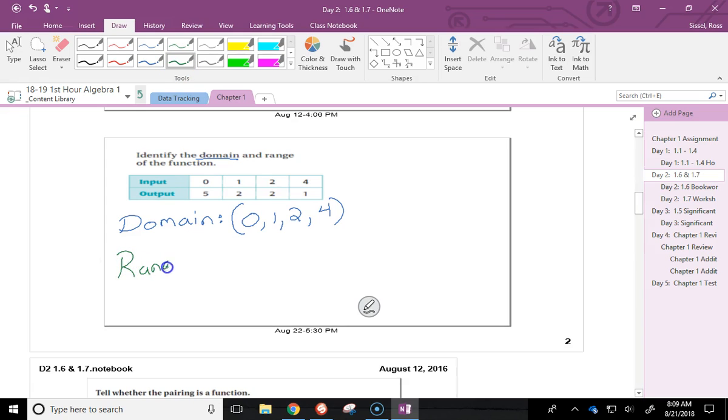I like when they ask these questions. So that means your range is then what? 5, 2, 2, 1. Real quick, what can we tell already? Because we just looked at our domain and range, you should be able to understand something about this. Is this a function? Why not?